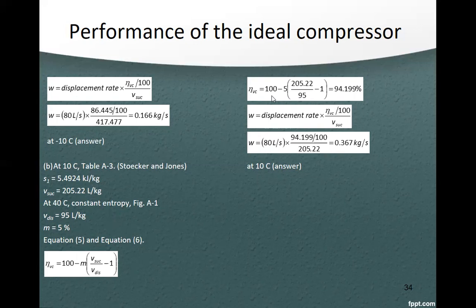Substituting values, 100 minus 5 times 205.22 over 95 minus 1 equals 94.199%. W is equal to displacement rate times volumetric efficiency over 100 over V suction, equal to 80 liters per second times 94.199 over 100 over 205.22, or 0.367 kilogram per second. This is the answer for 10 degrees C.